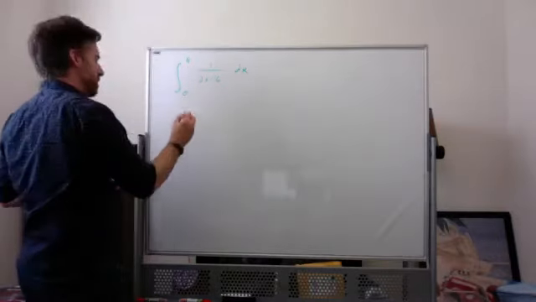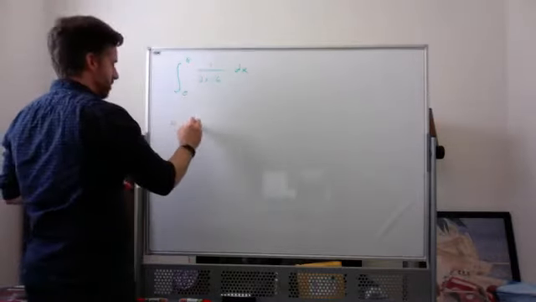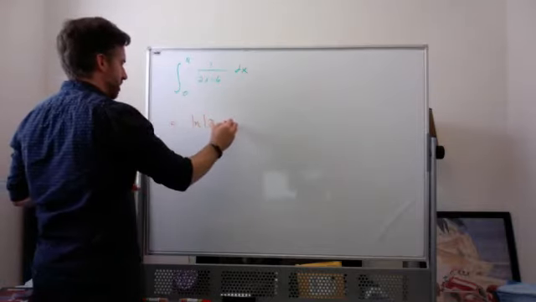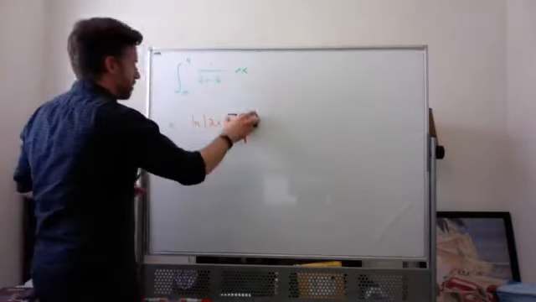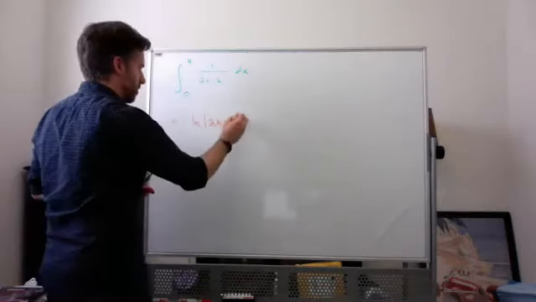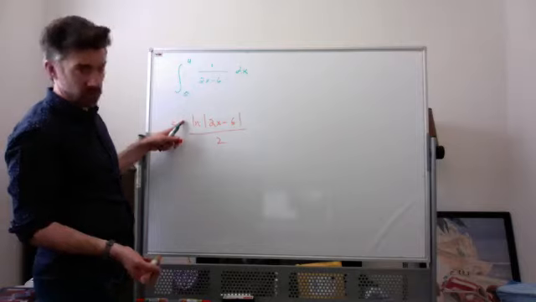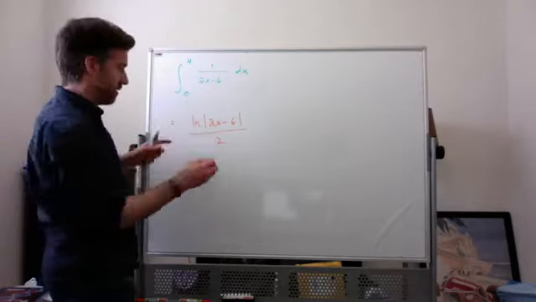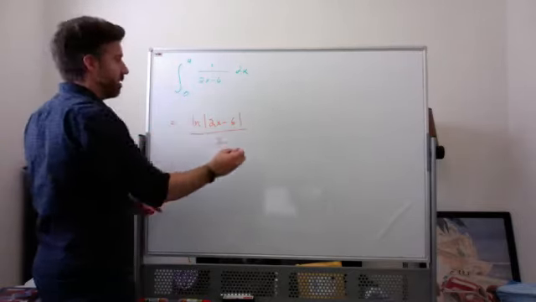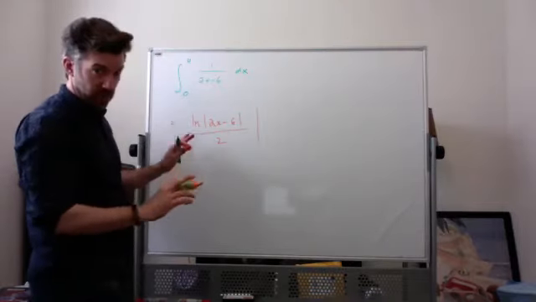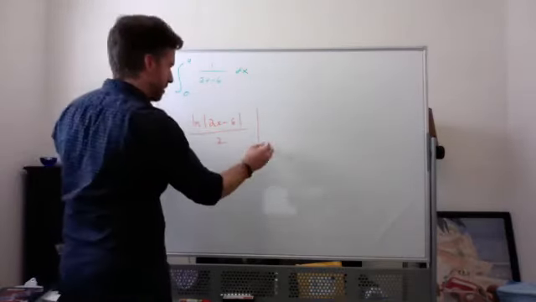The integral of 1 over 2x minus 6 is the natural log of the absolute value of 2x minus 6, divided by 2, because the derivative of the natural log of 2x minus 6 is 1 over 2x minus 6 times 2. So you divide by that 2 to account for the 2. This is wrong, by the way. We'll talk about how this is wrong.